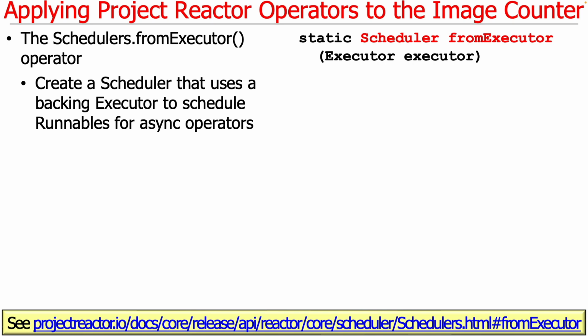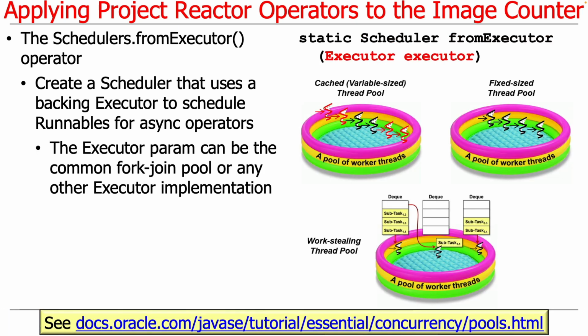There's also an interesting schedulers method called fromExecutor. Most of the time thus far we've talked about using schedulers that are things like parallel or bounded elastic and so on, which are Project Reactor-centric pools of threads. But there's also a way to take existing Java pools and integrate them into Project Reactor. So in this case, we're going to take an executor from Java's world, not Project Reactor or RxJava, and make it be used to schedule the asynchronous operations.